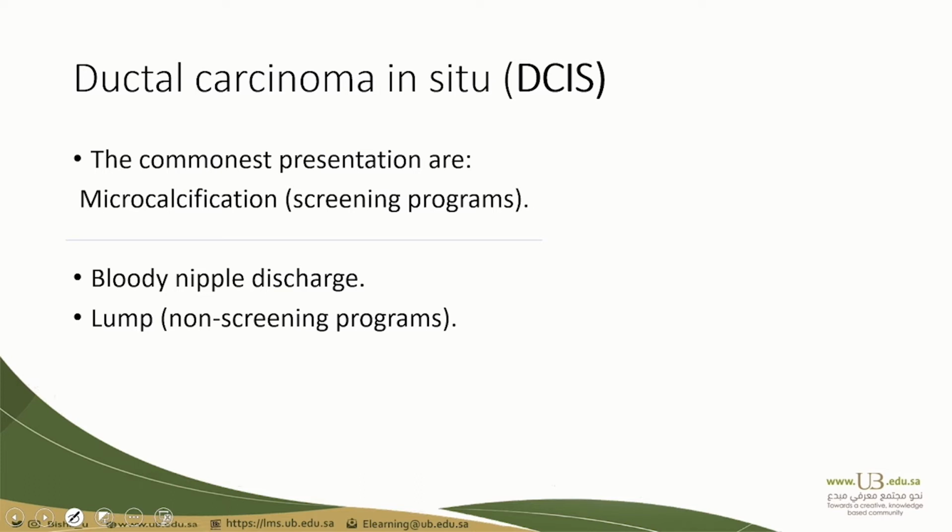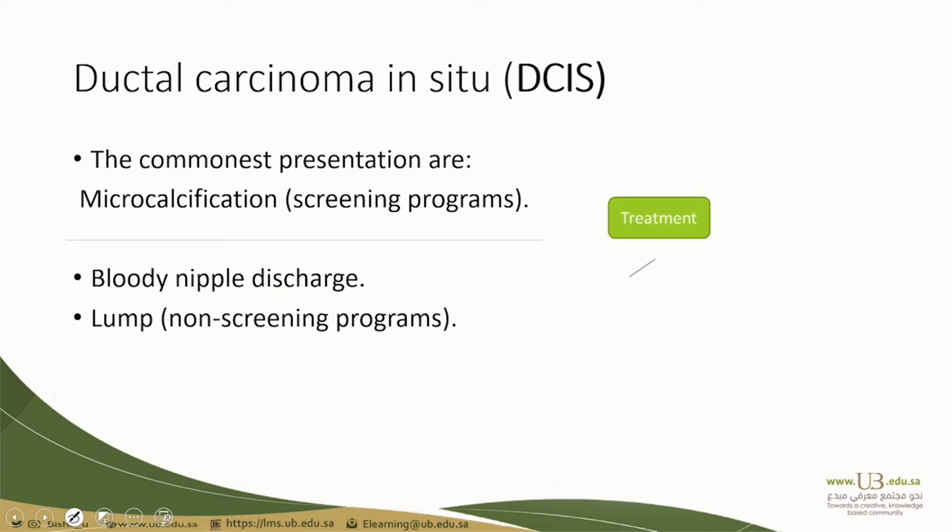If it is microcalcification and it is not palpable and is very small, localized, this is according to localization of the microcalcification or the lump. This will guide us for the treatment.